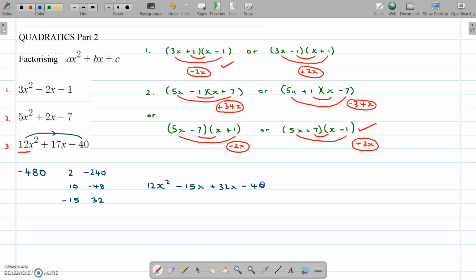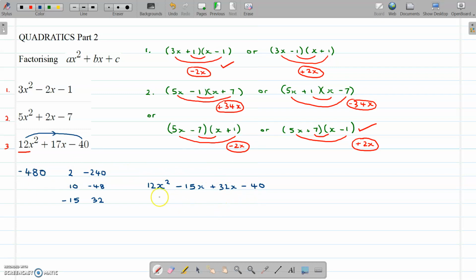I've got my original expression, and all I've done is split that 17 up into minus 15 and 32 because I discovered that those two numbers added together to give me 17 and multiplied together to give me minus 480.